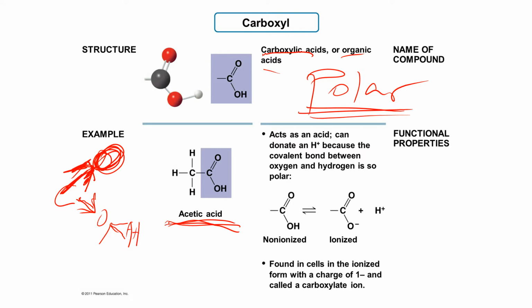So here you have your non-ionized carboxyl group, and once your hydrogen ions are released, you end up with an ionized carboxyl group. That means this oxygen down here gets a nice little negative charge, and you start plopping off free protons, which can make the pH go down, become more acidic.